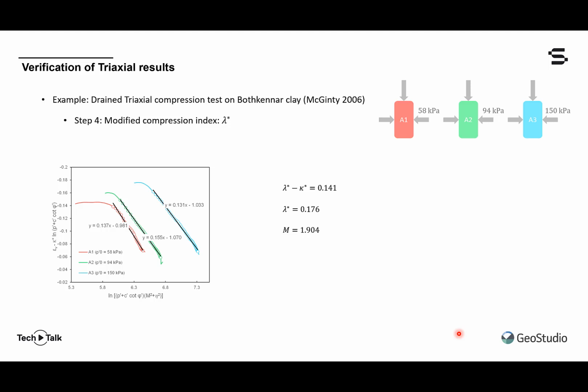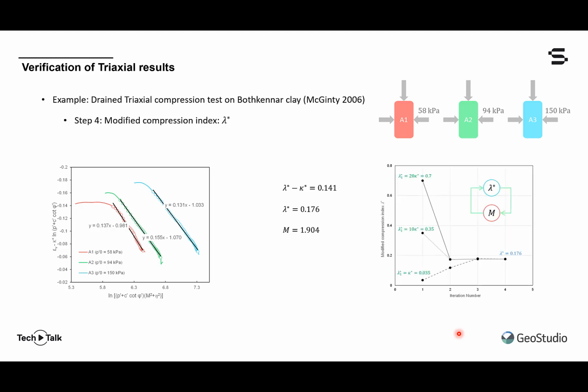1.904. And as mentioned, since that iterative procedure is a back and forth between obtaining lambda star, updating M, updating our data in our transformed space, and back and forth, we here show a graph of that iterative procedure.